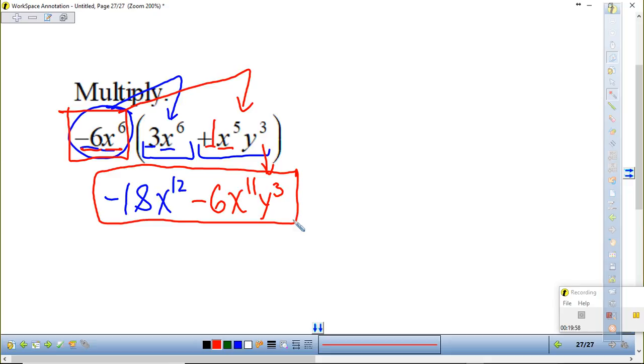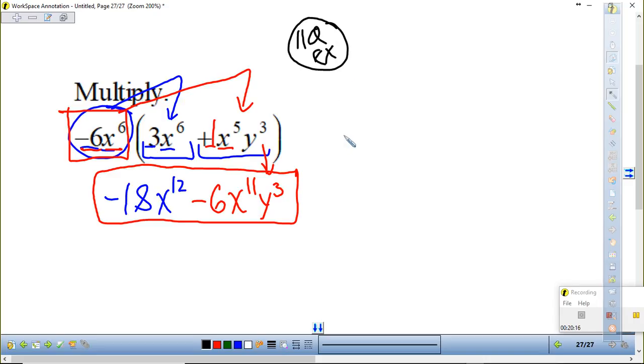Let's do another one of these just to make sure we got it. Ready? Copy this. Example 11 cubed. All right.